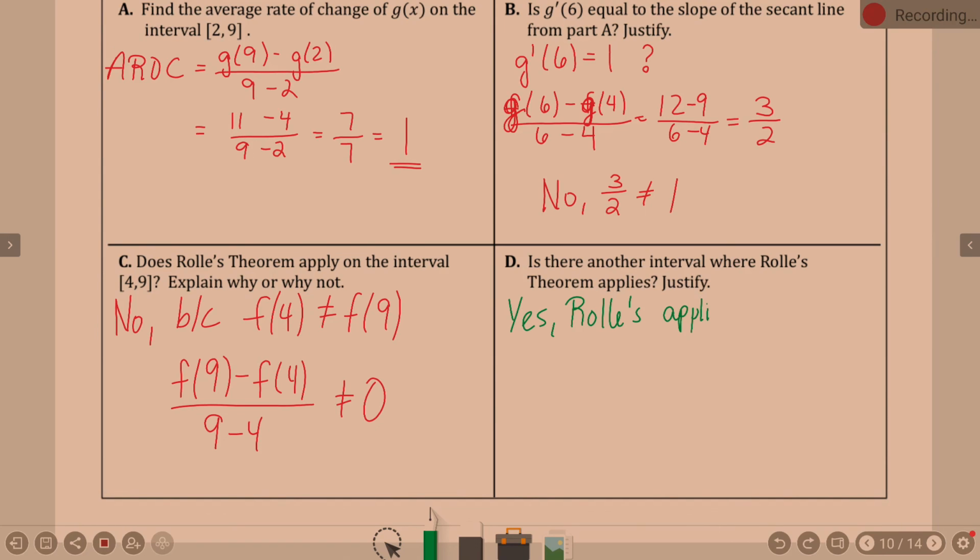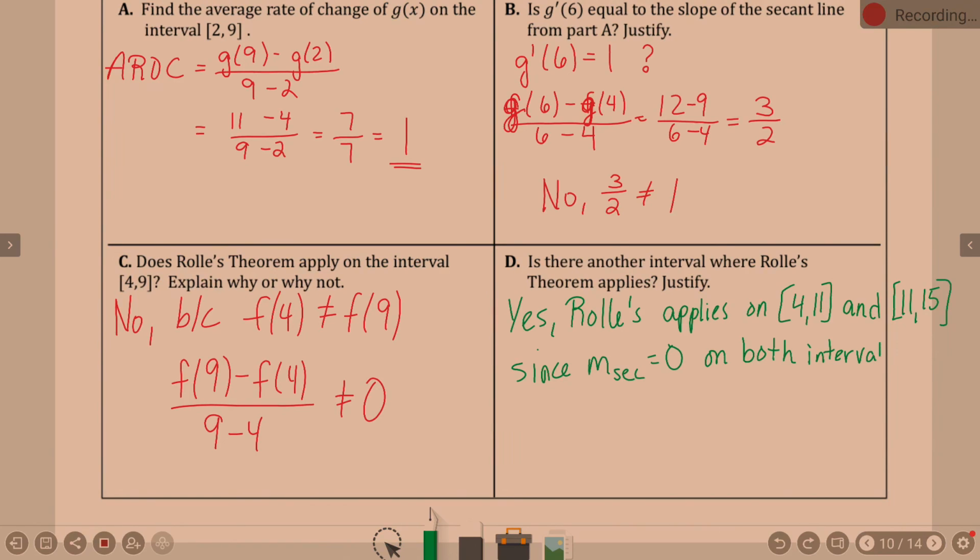So yes, Rolle's applies on 4 to 11 and 11 to 15, since the slope of the secant line equals 0 on both intervals.